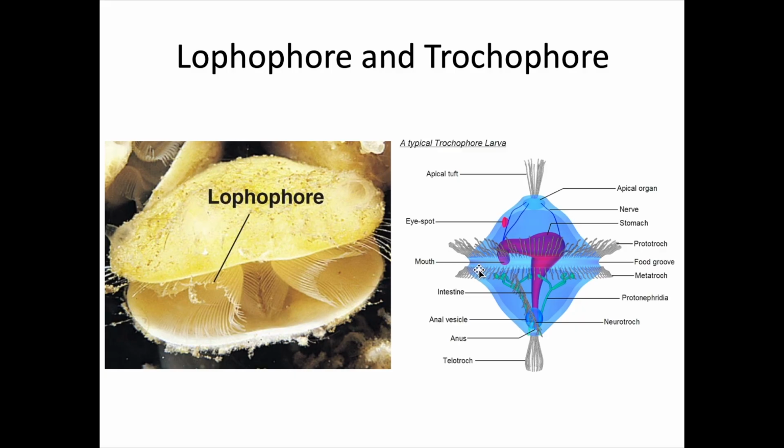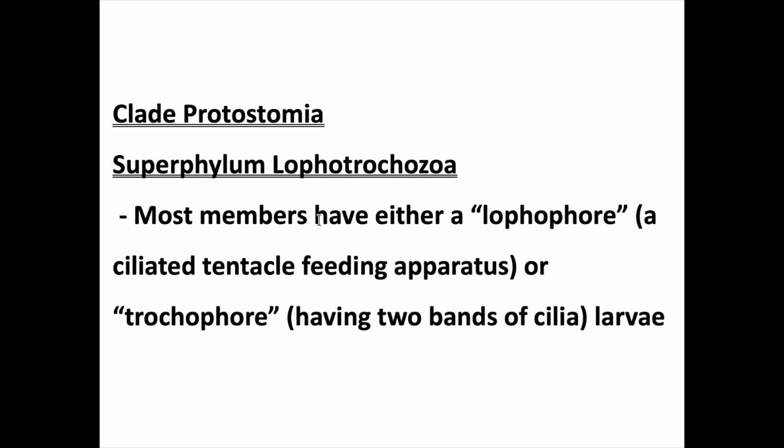And again, this is not obvious in all of these Lophotrochozoans, but you see it in their larva. I'm only pointing out these anatomical details because that's where the group gets its name. So members of Lophotrochozoa have either a lophophore, a ciliated tentacle feeding apparatus, that's a mouthful, or a trochophore larva, a larva having two bands of cilia around the middle.